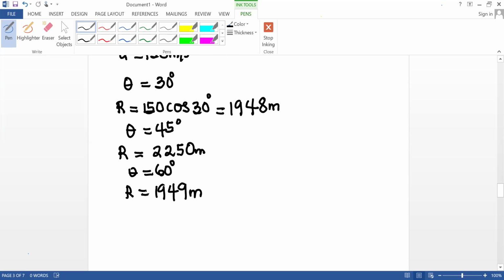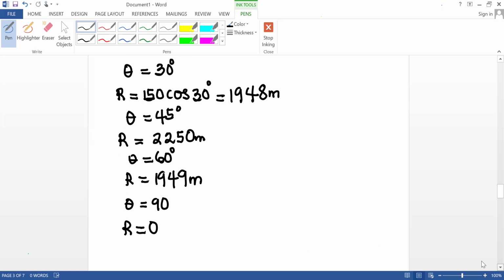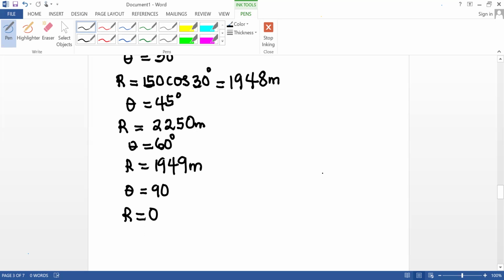When theta is 90, zero. So which of these cases would give you the maximum range?